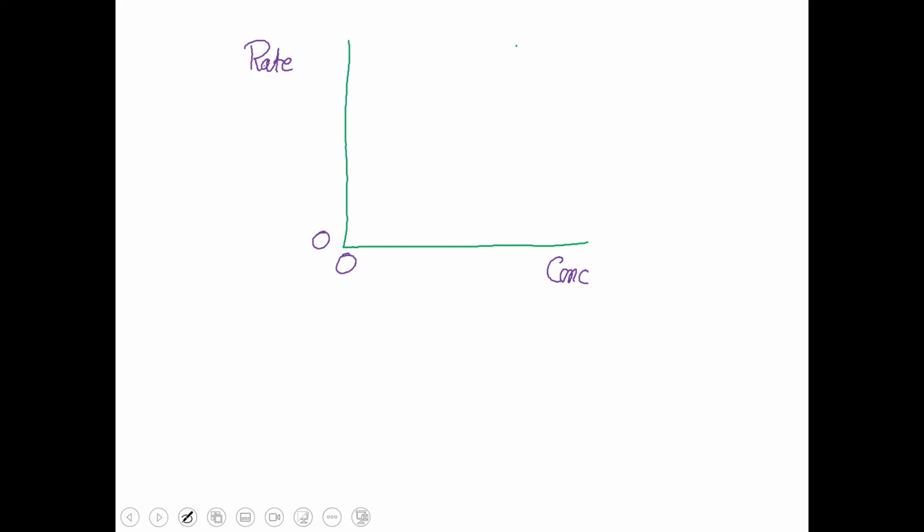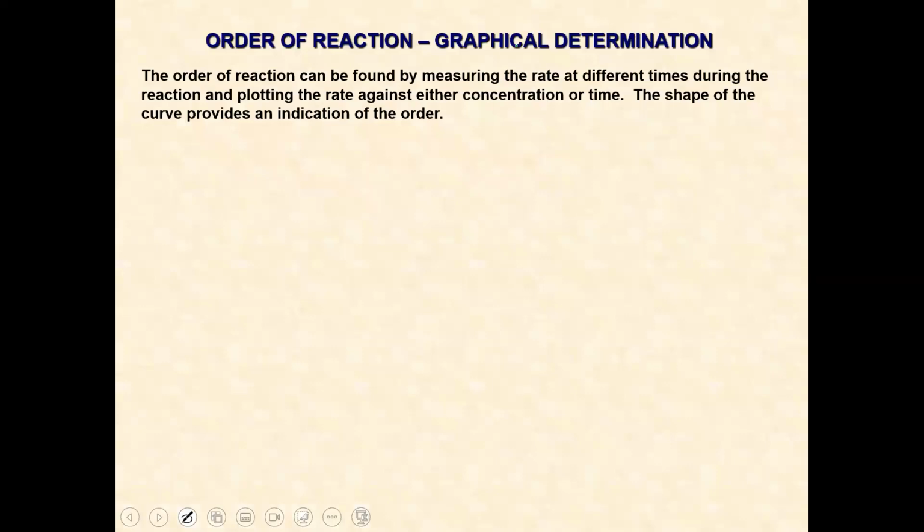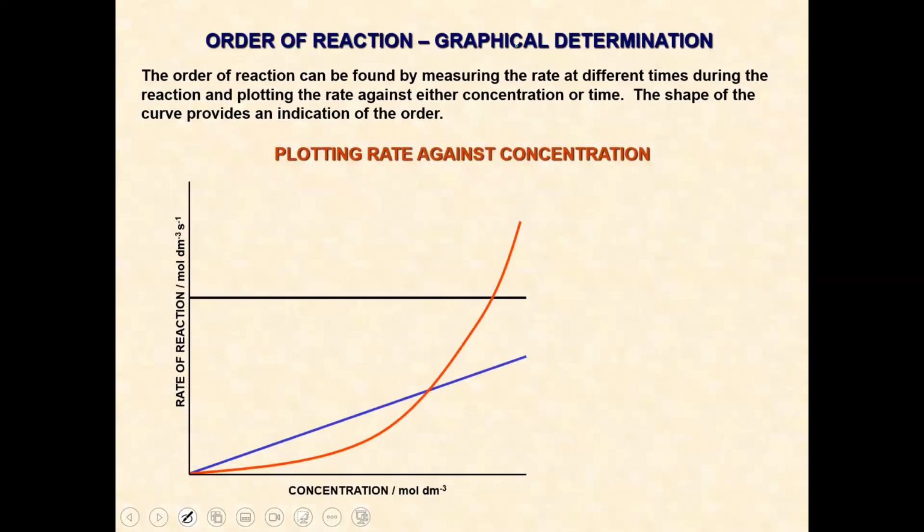I've copied. So these are the three rates of reaction. Rate of reaction versus concentration. These are the three graphs.